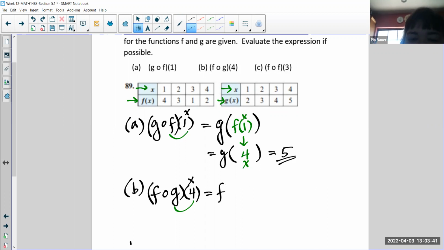That will be F of, and then we substitute G of 4. Now that means X equals 4. So we go in and we substitute that into G. So we go to the table for G and we find X equals 4 and G is equal to 5. So then we can substitute that G of 4 is a 5.